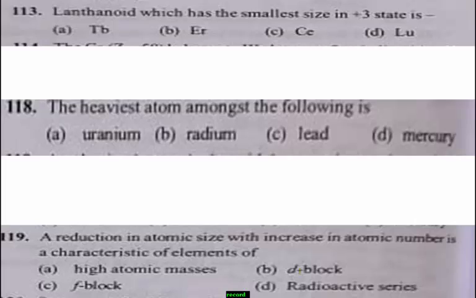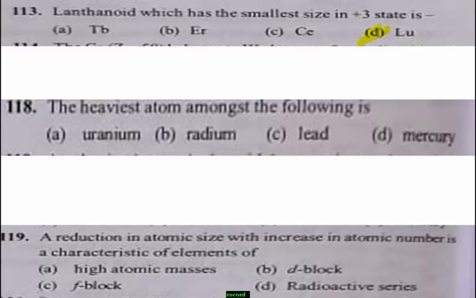Lutetium is the last element of the lanthanoids, so it will have the smallest ionic radii due to lanthanoid contraction. Remember this concept? Then the correct answer for the question, lanthanoid which has smallest size in +3 state, is Lu, lutetium.